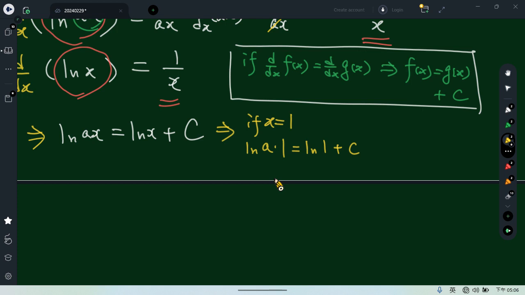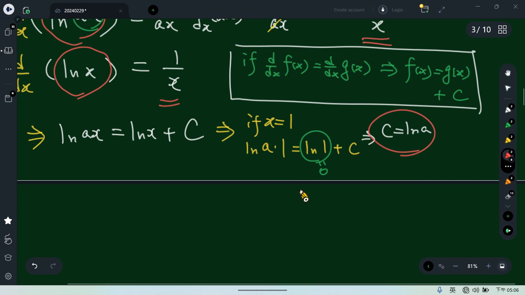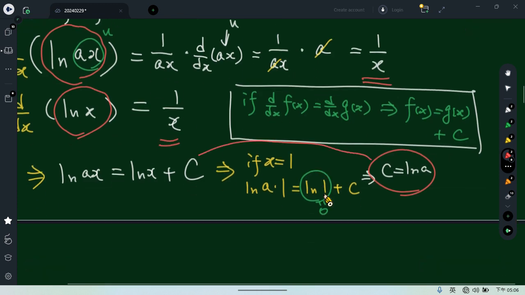See, here x is 1, so 1 is put here, also put here. Then ln of a times 1 is equal to ln 1 plus c. So what is ln 1? 0, right? So here should be 0. So we can get c is ln a. So we just replace the result back to here. So finally, we can get ln of ax is equal to ln x plus ln a. Okay? Is that okay?